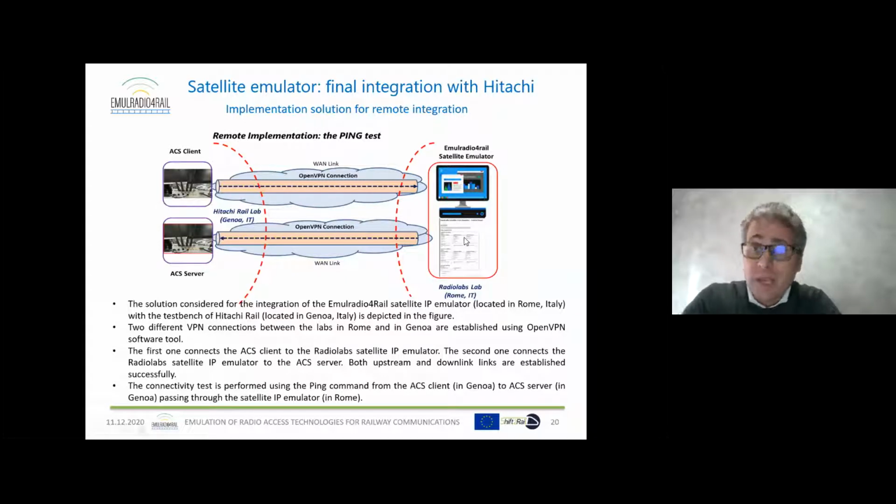Also with IP impairments, we can set them here using, obviously, an IP address. The second OpenVPN connection is able to connect the return from the Emulradio, the satellite emulator, to the ICS server. That's why we needed two different OpenVPN connections.